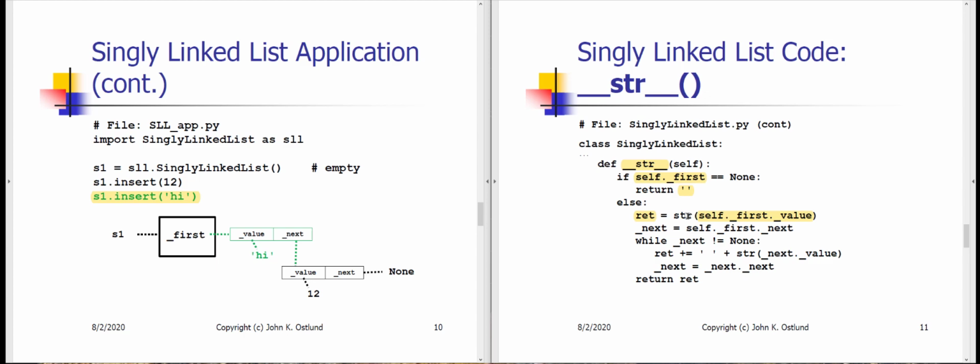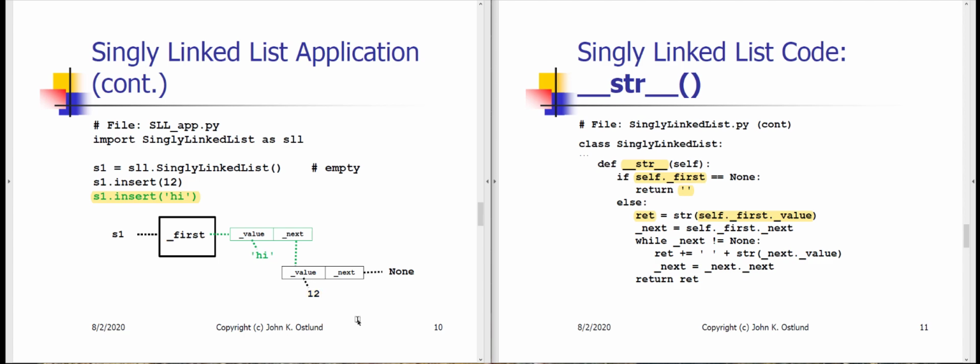Now, we need to do that conversion to str explicitly because although in this particular case the first value is a str, so converting a str to a str doesn't really do anything, notice that the next node has an int as its value. And so we definitely would need to convert that int into a str in order to build up this str representation of our singly linked list values.